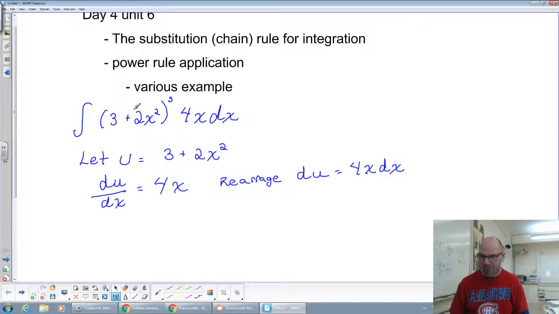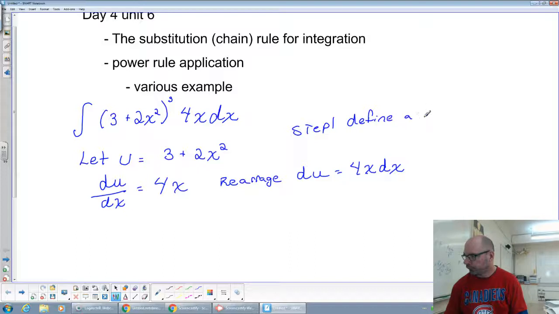So step 1 is to define a variable u. Step 2 is to find du.